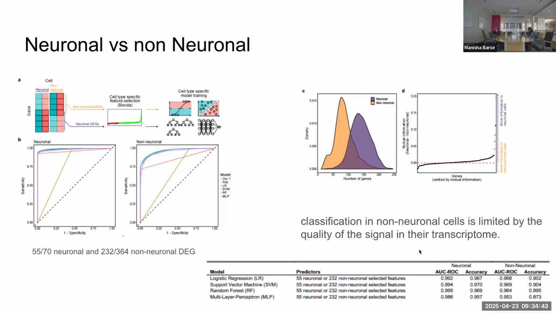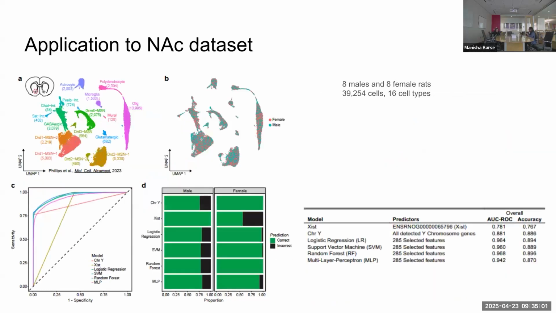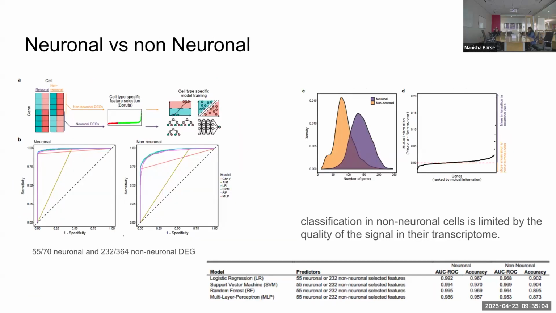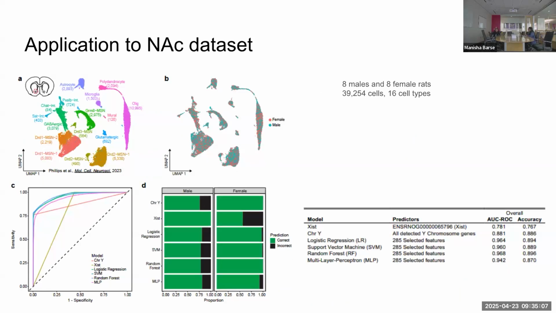So the classification in the non-neuronal cell is limited by the quality of the signal in the transcriptomes, but not by the imbalance of the way the experiments have been designed.